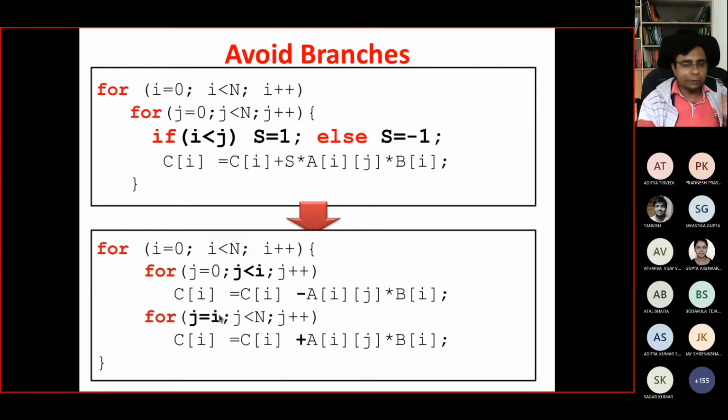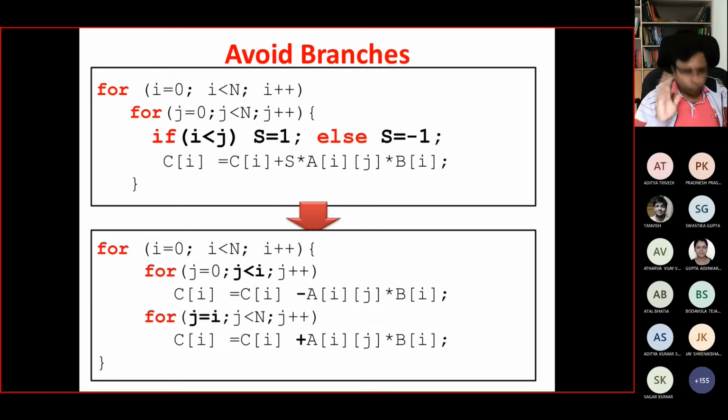But if you separate it out, for j up to i you use a minus sign, s equal to -1, and for j from i to n you use a plus sign, the same thing. Here the inner for loop is split into two for loops.